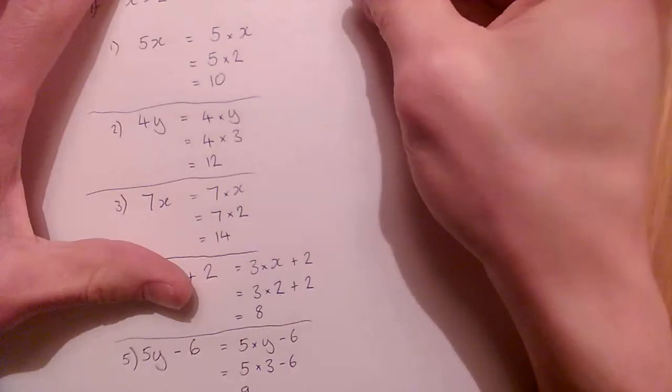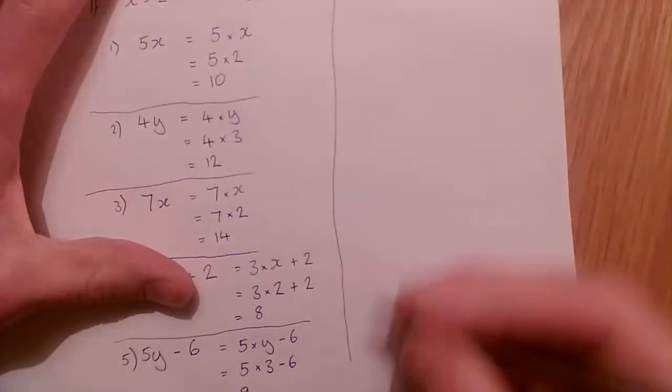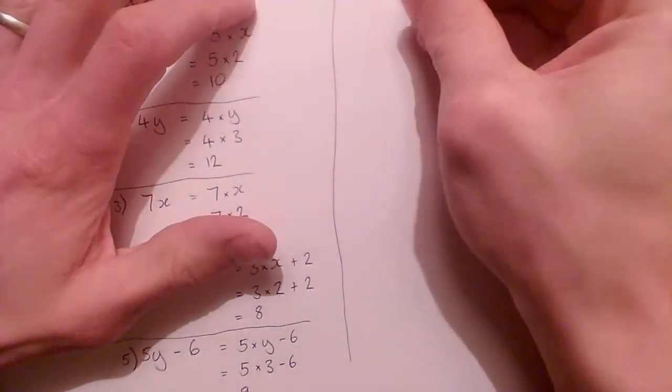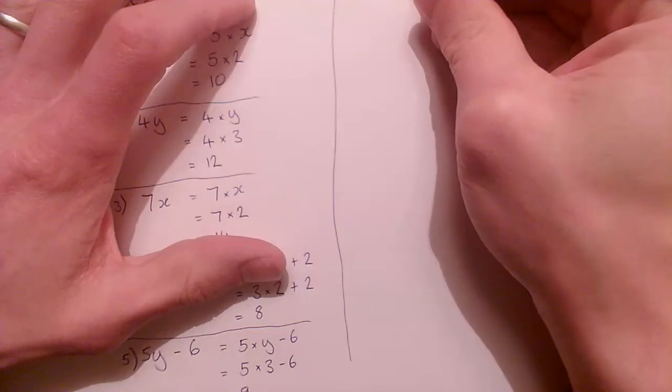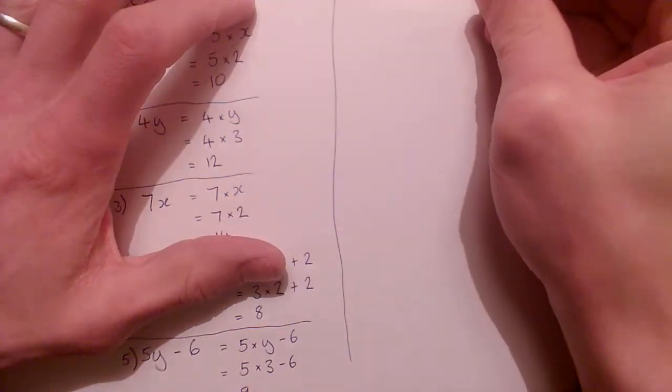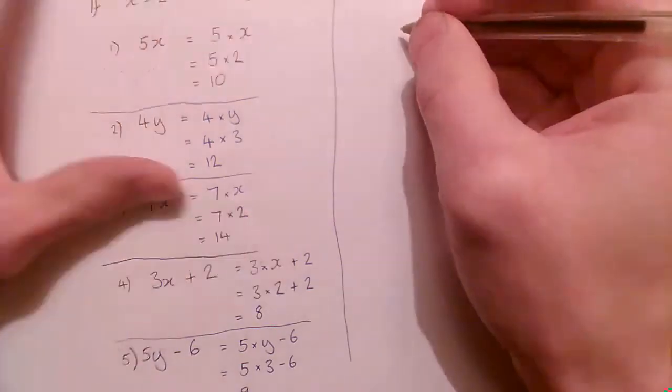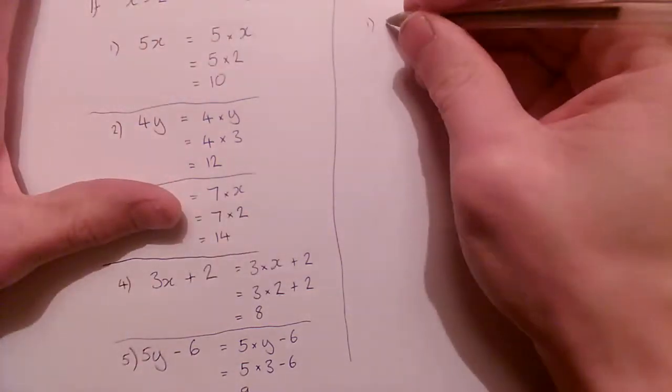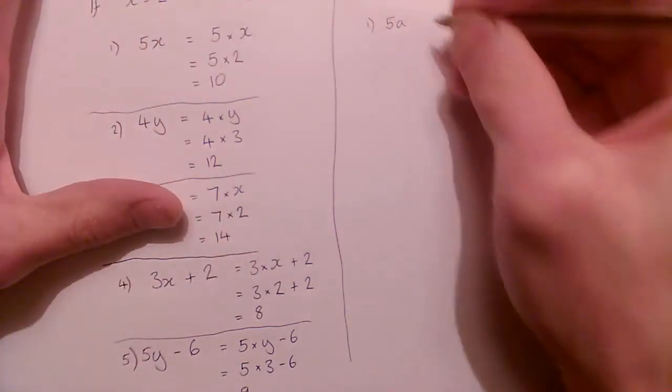Now, I'm going to give you a couple to do for yourself. So I was using x equals 2, y equals 3. I would like to give you a equals 3, b equals 7. And I'm going to give you just a few to do. I would like to find 5a.